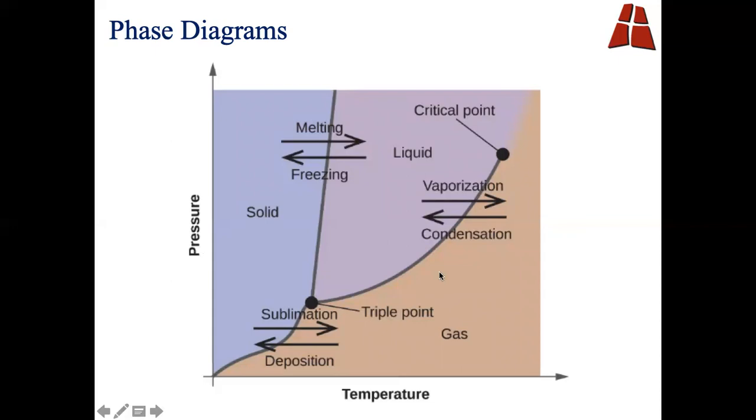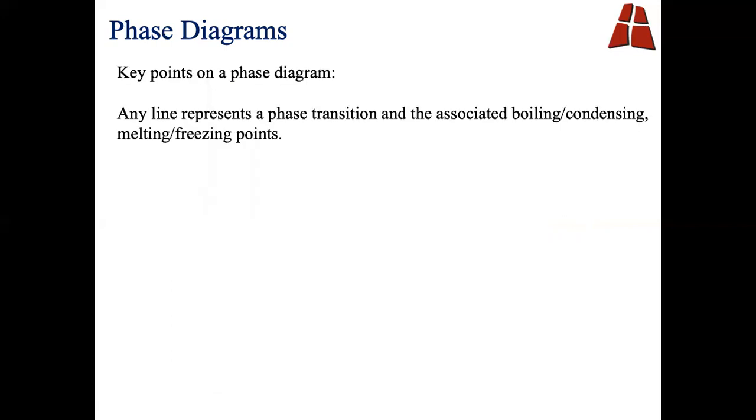And then anything between would be a liquid. We also have these special points called the triple point and the critical point, which we'll define in just a second. Anytime you cross one of these lines is also representative of a phase transition as indicated on this diagram.